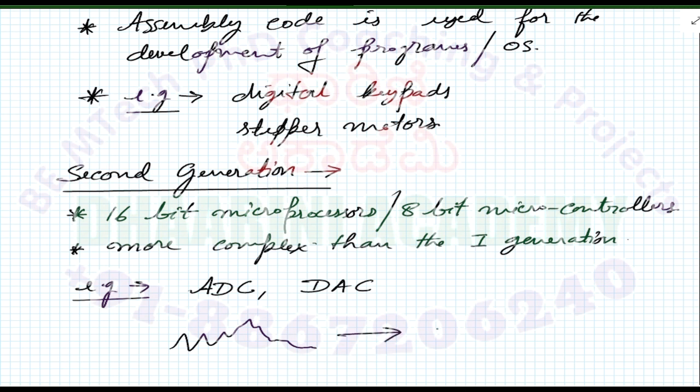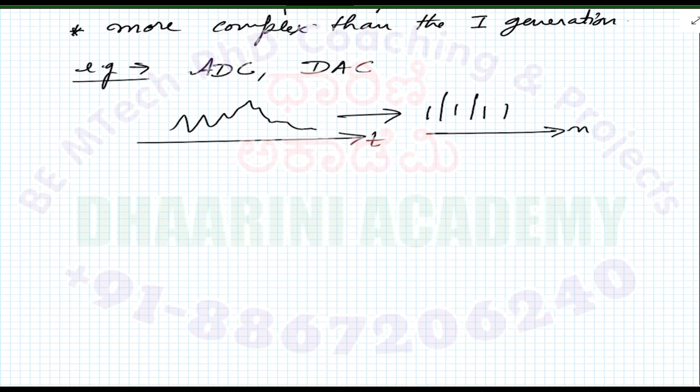These are converted into digital values, like you are going to get the samples. This is continuous in time, this is discrete in time. So you are converting from analog into digital, or vice versa, digital to analog. Those systems are the second generation embedded devices. Let's go ahead.